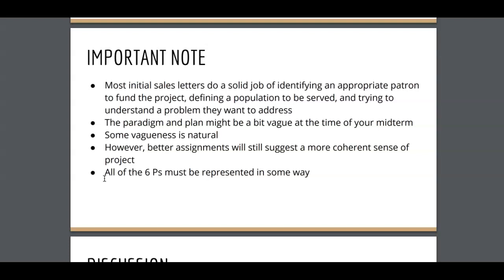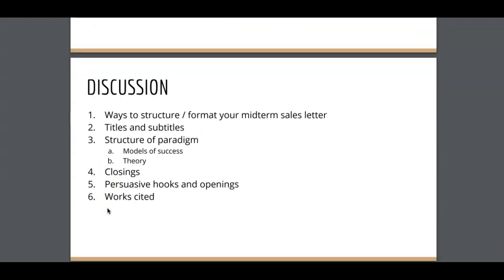The remaining 3 Ps, your paradigm, your plan, and your price, they need to be present in your paper, but if they are slightly underdeveloped, it's okay. So just know that that's okay and natural at the time when you hand in your midterm. But better proposals will have a more thorough paradigm, so just be mindful of that.